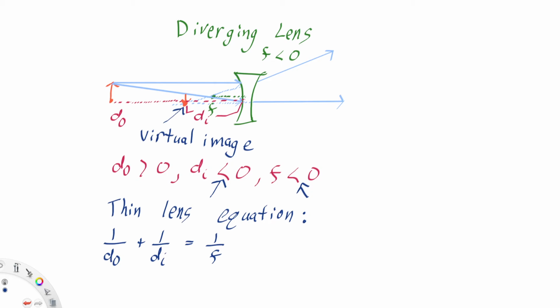So notice we haven't said anything about mirrors yet. But mirrors basically behave the same way as lenses, keeping in mind that light rays don't refract through a mirror, but they reflect off of a mirror.